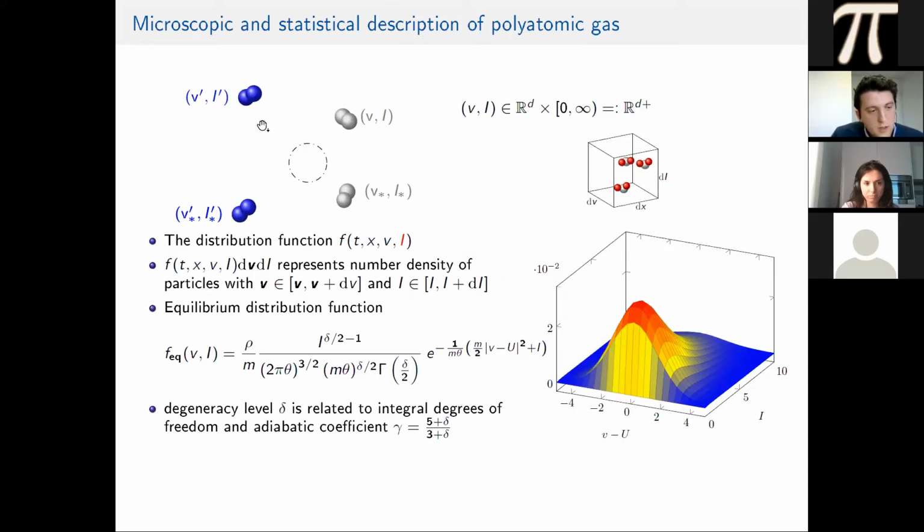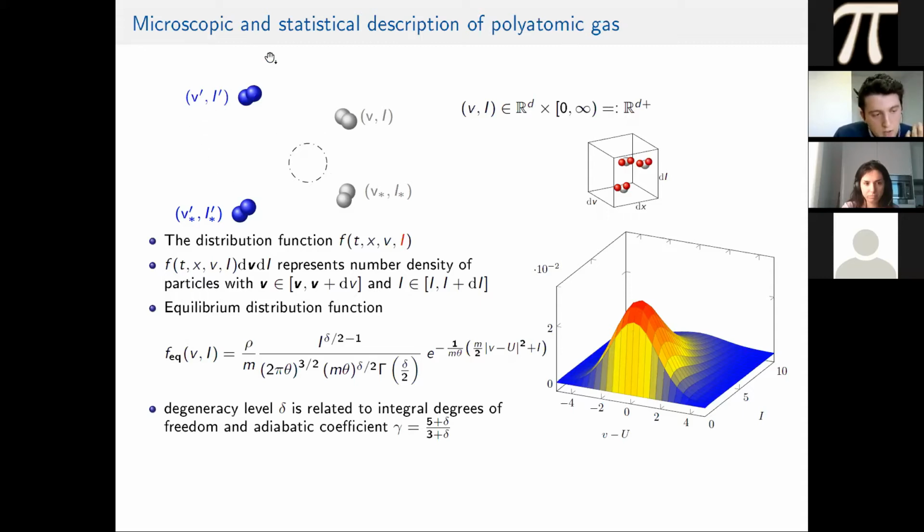And then comes the situation with polyatomic gas. Why is this specific? It's because your molecules have a richer structure, and during the collision your molecule can rotate and vibrate, and all of this is reflected in the energy of the molecules.